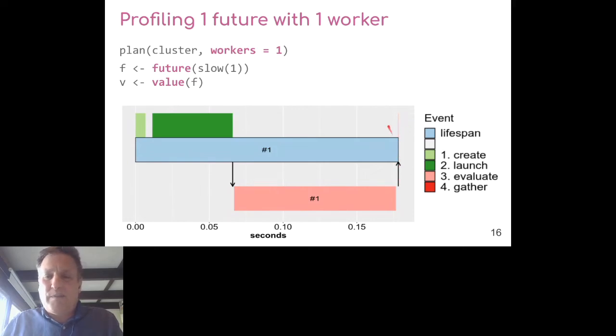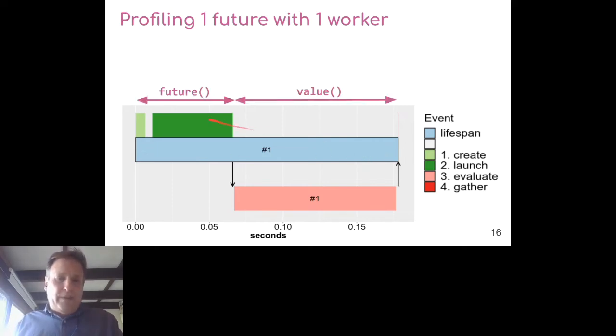You can't see it here, but there's an event that we log called gather, which is very narrow, quickly collecting the results. But you can see the future lifespan now: we're creating it, overhead, launching it. And when you call this, the future function spends time here, and then the value function is waiting for the results to come back.